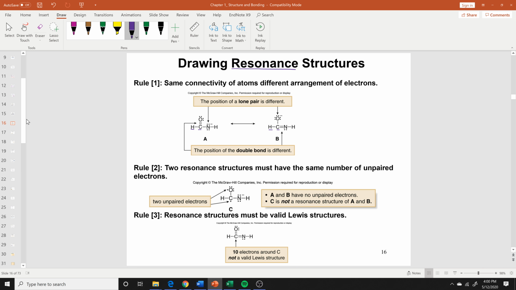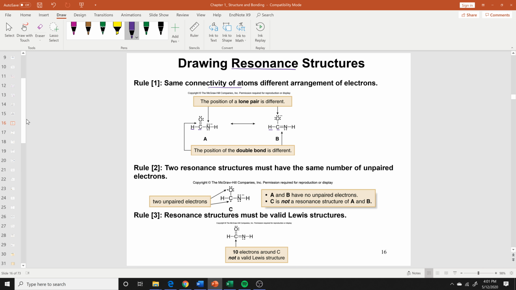If one of the structures has a zero charge, then this is not a resonance structure. If one of the structures has a positive charge, then it is not a resonance structure. So all resonance structures should have the same connectivity of atoms but different arrangement of electrons.